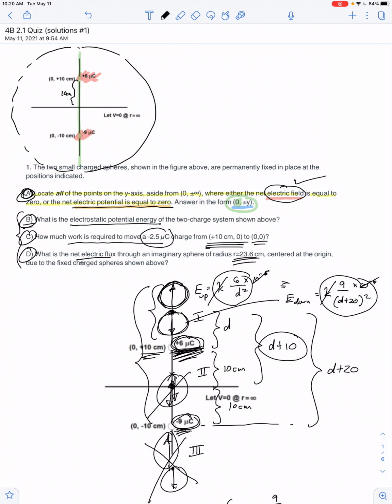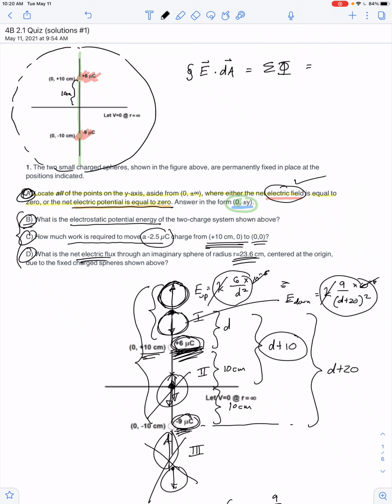So what's the net electric flux? Well, the hard way to do this would be to say the net flux through that enclosed surface is the vector dot product of E dA. That would give us the net amount of flux, right? That's the hard way to do it.